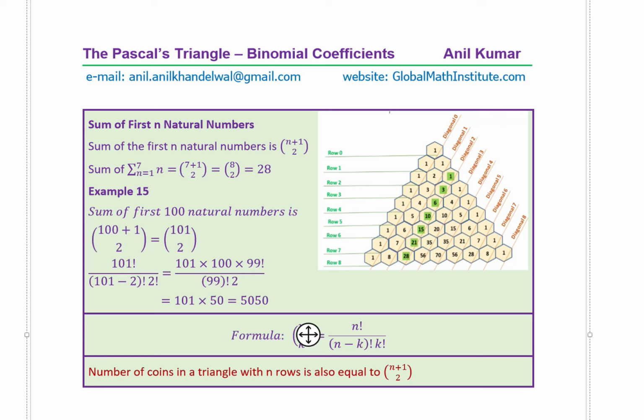Clearly, these are the natural numbers 1, 2, 3, 4, and hockey stick property tells you that the sum lies on this side. Do you see that? Sum of first 7 numbers is 28, and that helps you to write down the formula, correct? So we see that n plus 1 choose 2 is the answer for the sum of the first n natural numbers.